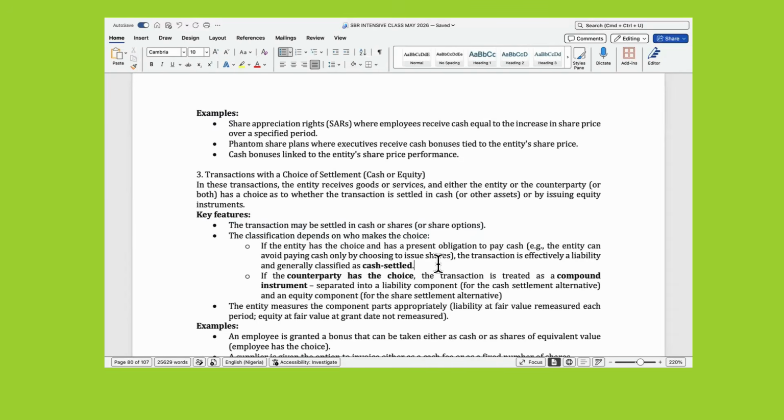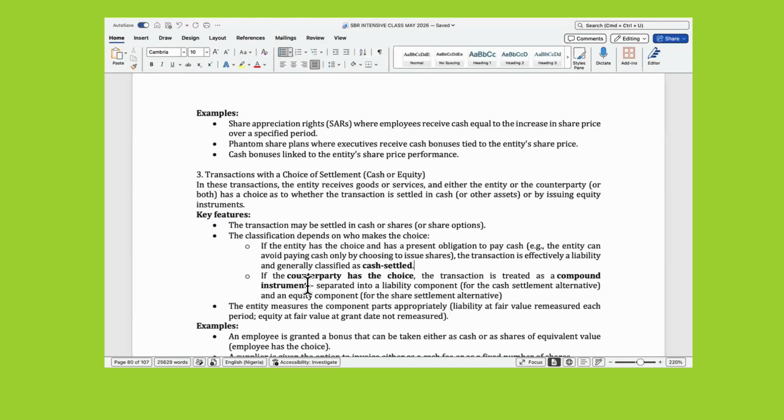So what you recognize is a liability. But if it is the counterparty, that is the employee or the supplier that has the choice, then in this case, it becomes a compound instrument that we have to separate into liability and equity.